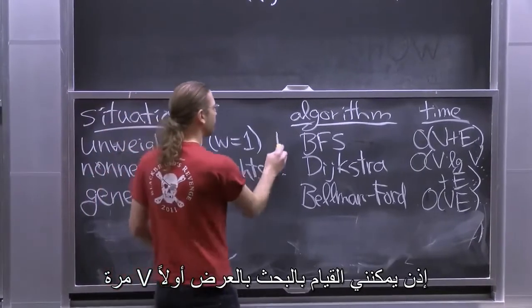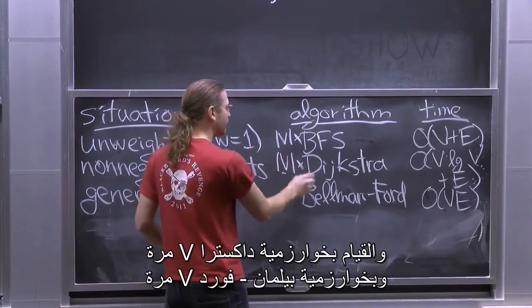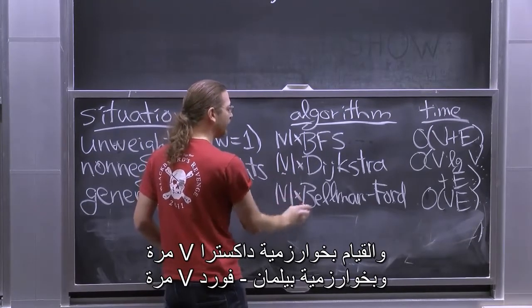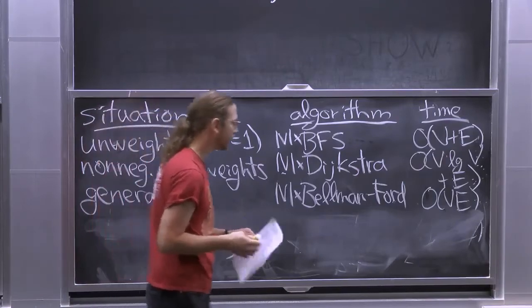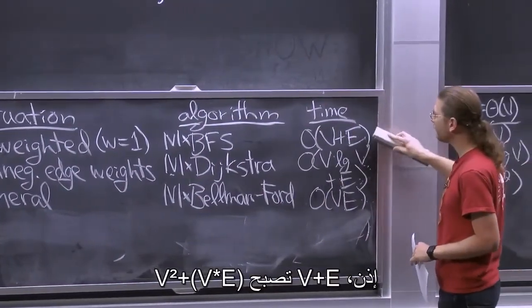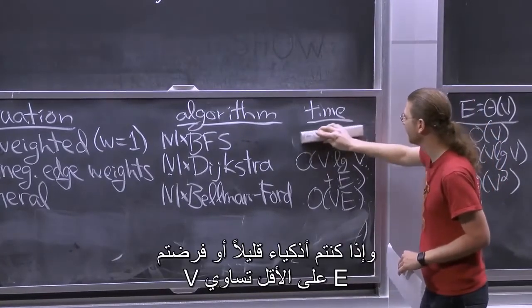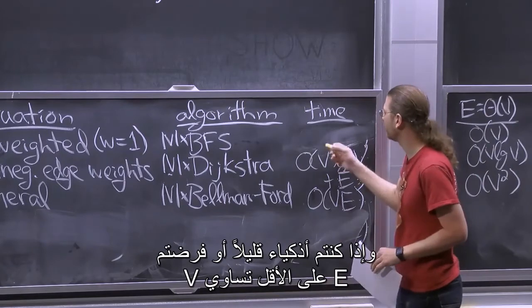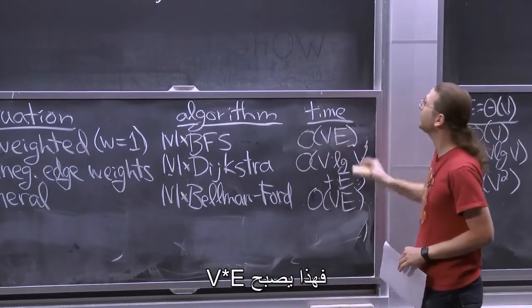So I could do V times breadth first search, V times Dijkstra, V times Bellman-Ford. And now I just need to update my bounds. OK, so VE becomes V squared plus VE. If you're a little bit clever, or you assume E is at least V, that becomes VE.